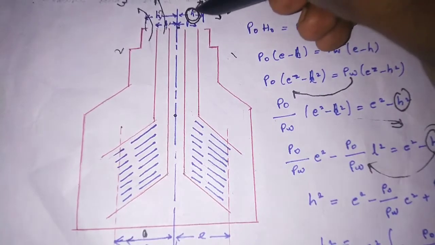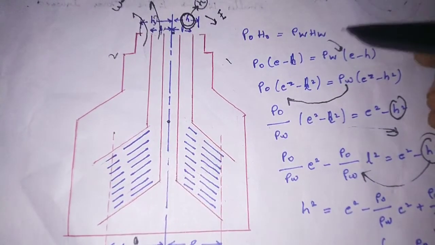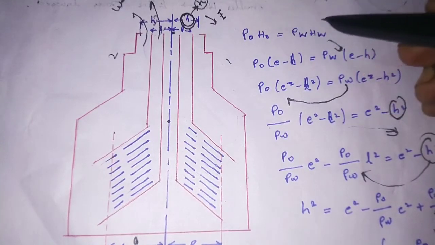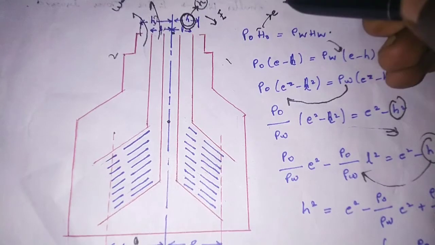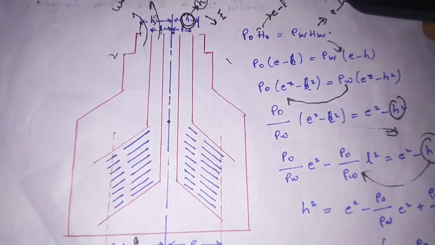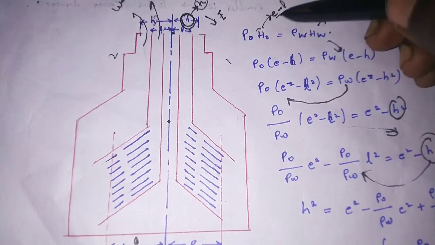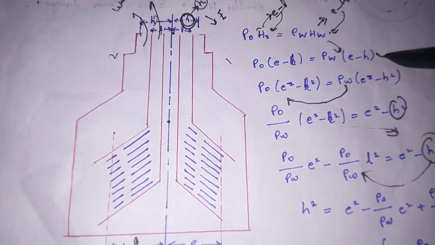Let's find out how to find the H value. We know that rho naught H naught is equal to rho W HW. H naught is E minus L, and HW is equal to E minus H. Substituting these values, the equation comes like this.